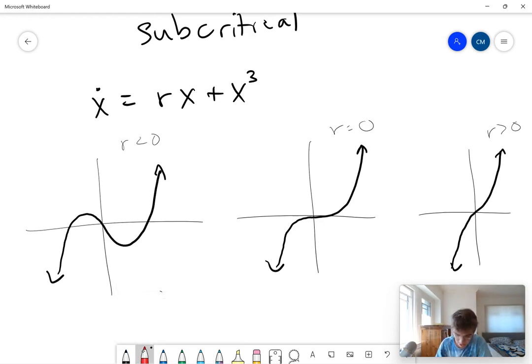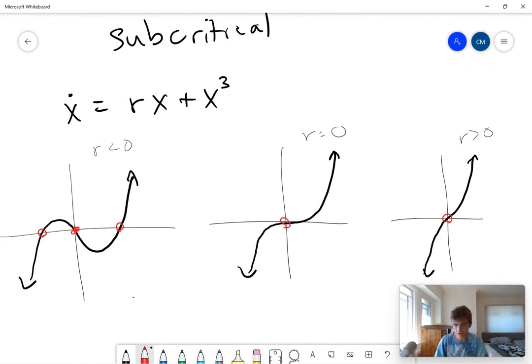And now if I analyze the stability here, at the origin, I start off with a stable origin and unstable branches here. And then these unstable branches essentially collide into the origin and make the origin unstable. All right.